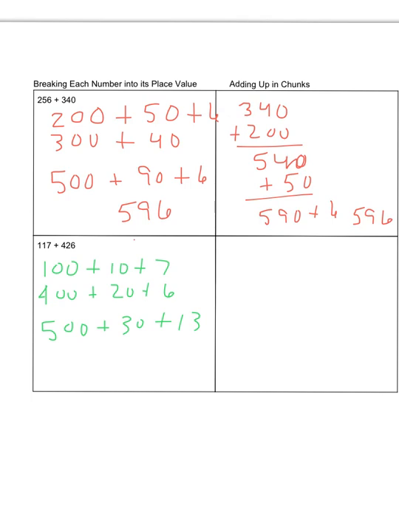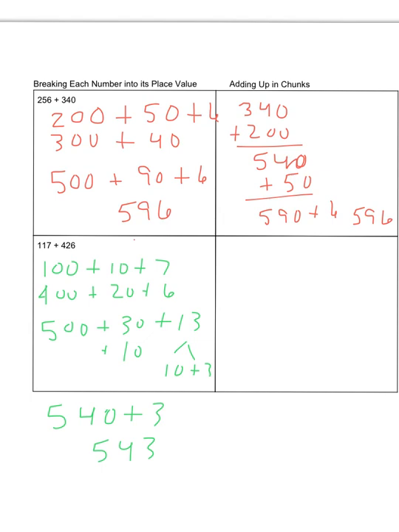So we actually want to keep breaking it up. The 13 is actually 10 plus 3. So actually the 10's there. So you're actually saying you have 540 plus 3, so you have 543.